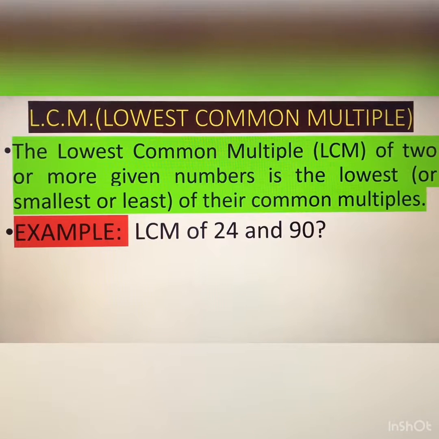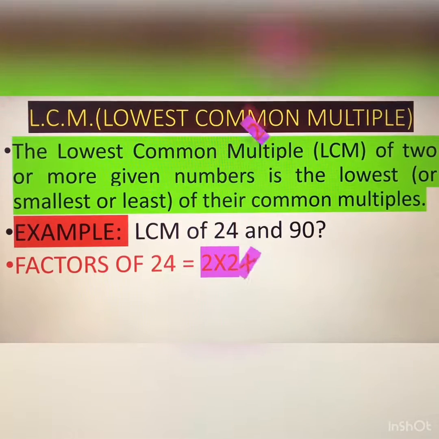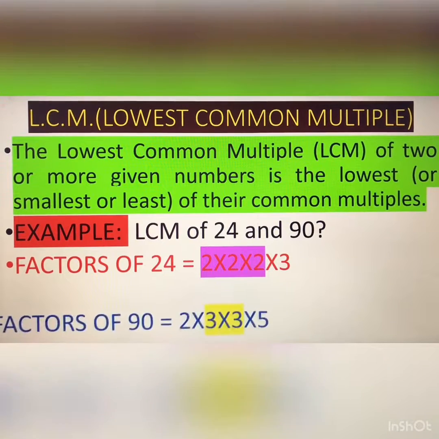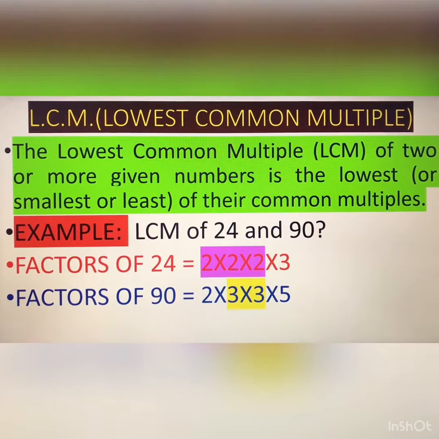Example, LCM of 24 and 90. So dear, what are the factors of 24? 2 into 2 into 2 into 3. That is 2 twos are 4, 4 twos are 8, 8 threes are 24. And now the factors of 90 are 2 into 3 into 3 into 5. Okay. So now for the least common multiple, which factors will you select?